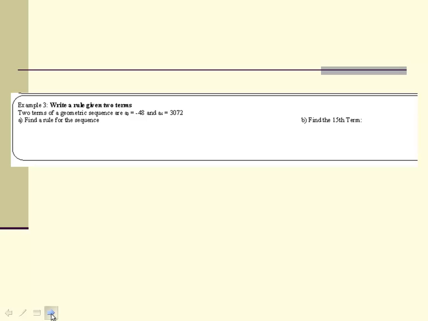I'm going to write an equation for each term. So for the first one I'll say negative 48 equals the first term, I don't know r, so times r, but since it's a sub 3, I'm going to say 3 minus 1. So this is really negative 48 equals a sub 1 times r squared.